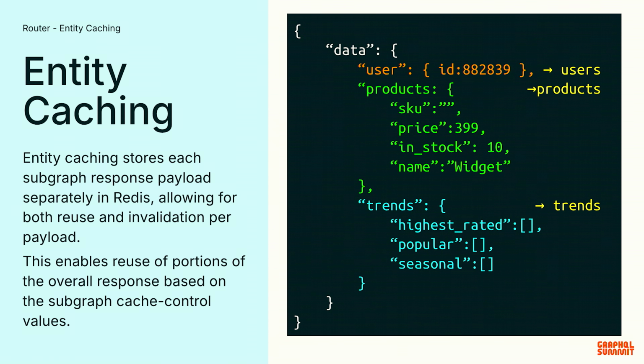So let's say that we have a service like products where the stock information is changing rapidly. We might only want to cache that brick in our overall response for a few seconds. But things like the user ID, we might be able to cache that for hours or days or whatever, because that's just information that's not going to change very often. The trends information coming from a BI or an OLAP system, also not going to change very often, probably can cache that for a while.